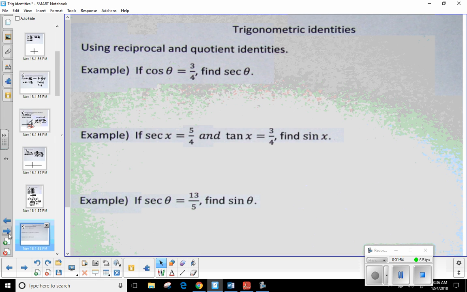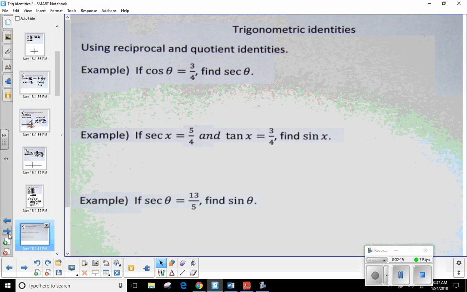All right, let's take a look at our first one. It says, if cosine of theta equals 3/4, find secant of theta. Some of these are listed, and then I've got one that's not listed. But what identity could possibly help me out here? I have cosine, but I want secant. Yes, reciprocal.